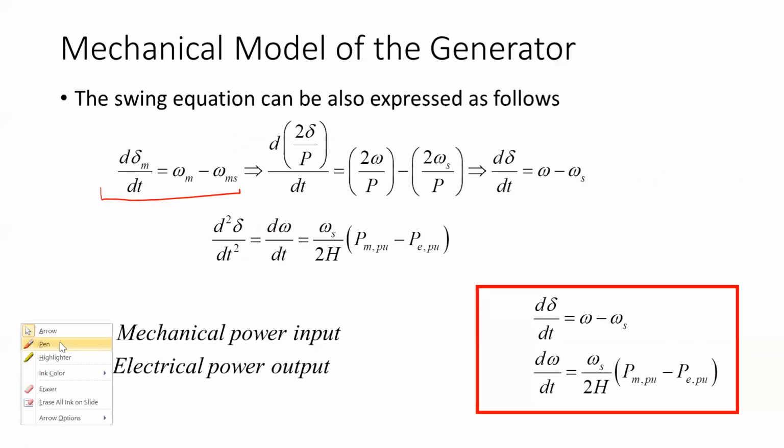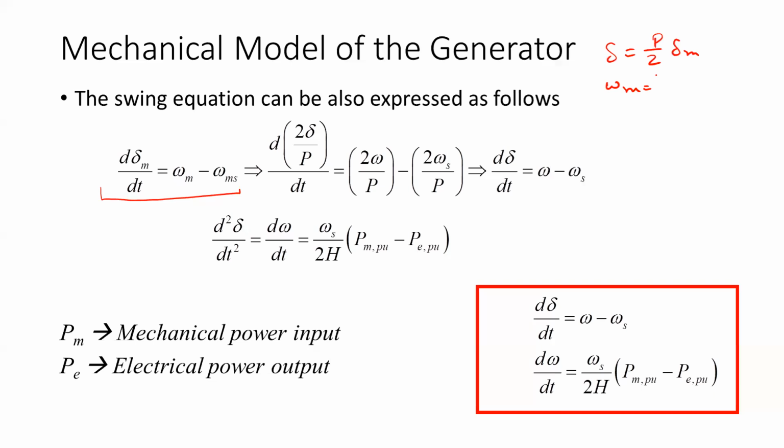So we can write that, delta is equal to p by 2 delta m. Similarly, my electrical omega will be p by 2 omega m.